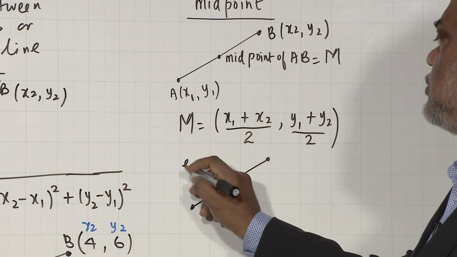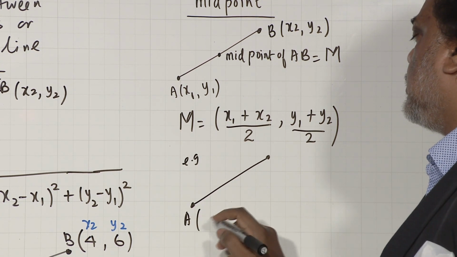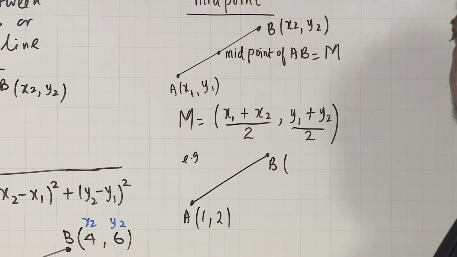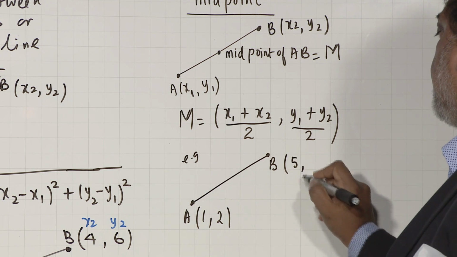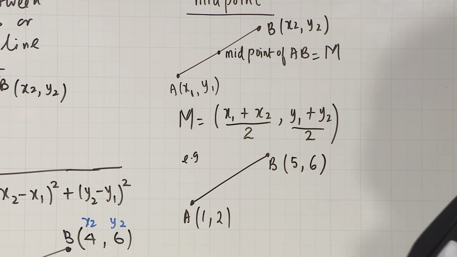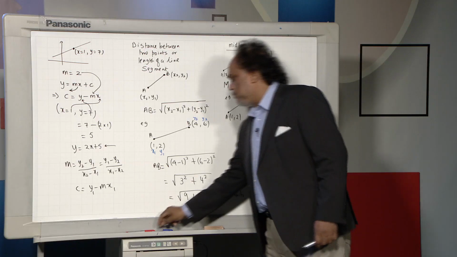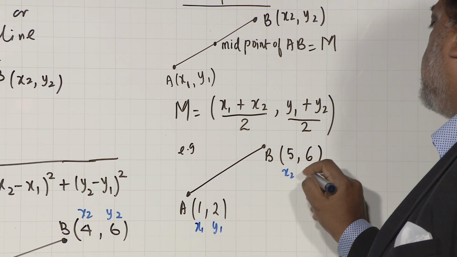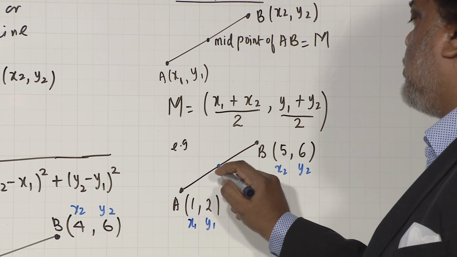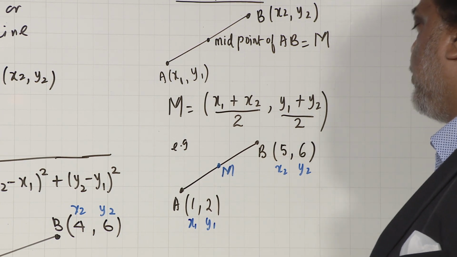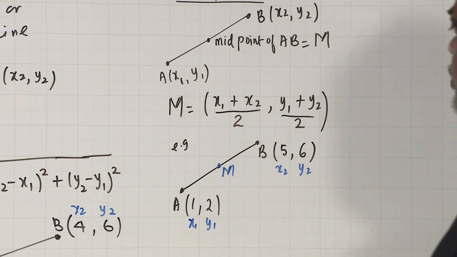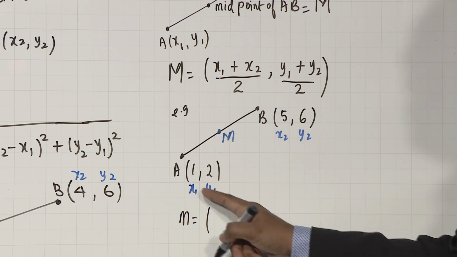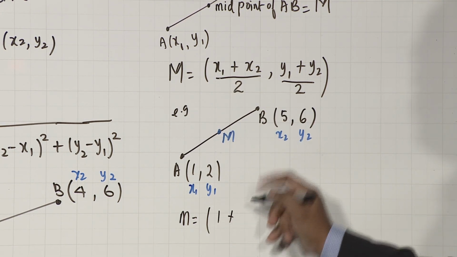We'll take an example. If A is 1, 2, and we take B to be 5, 6. I will label this as x1, y1, x2, y2. Remember, I'm after the coordinates of the midpoint M. What is the formula to find M? x1, which is 1, plus x2.